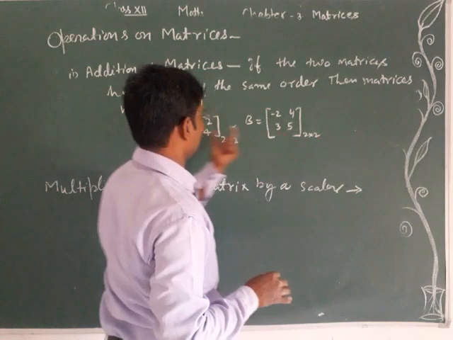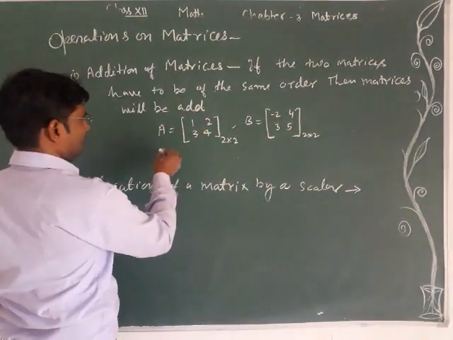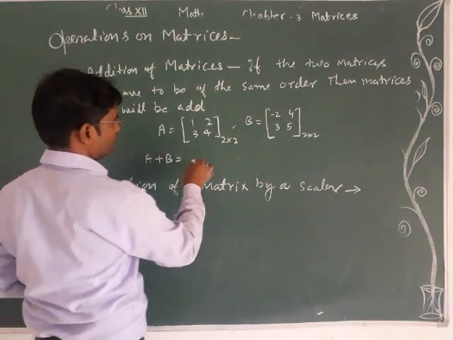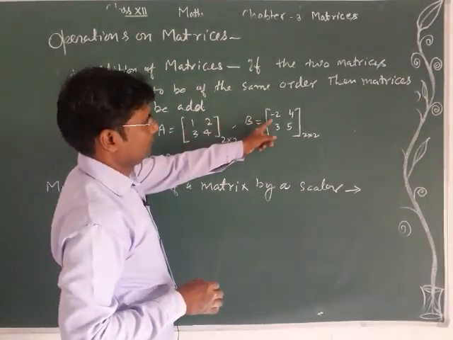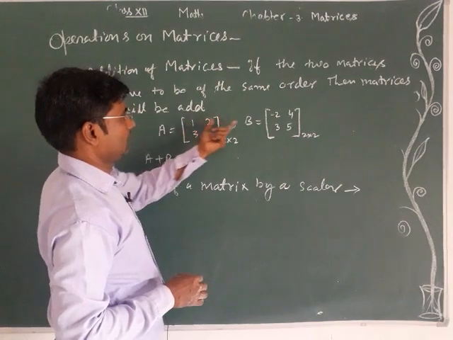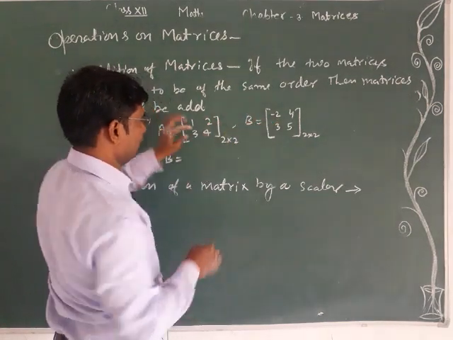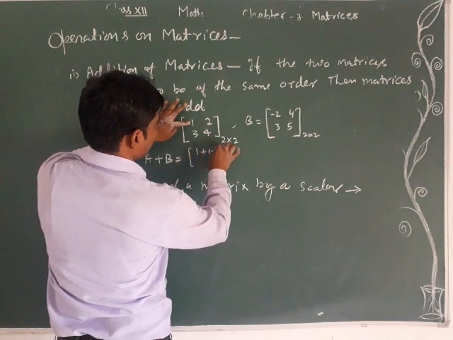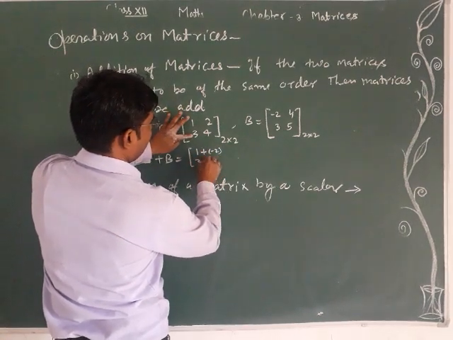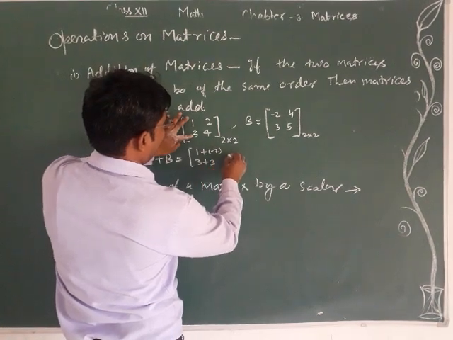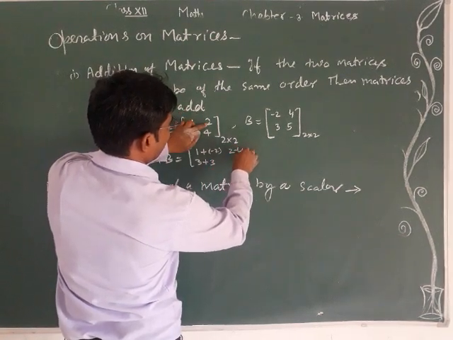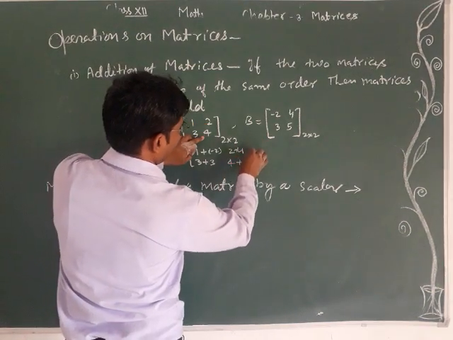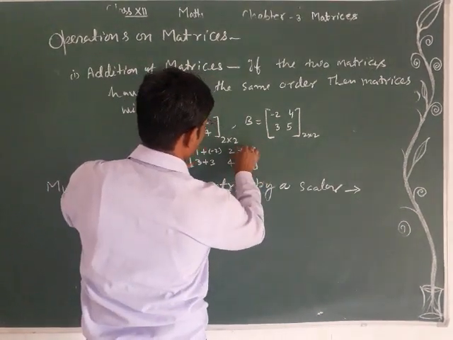Then A plus B is equal to the sum of corresponding elements: 1 plus -2, 2 plus 4, 3 plus 3, and 4 plus 5.